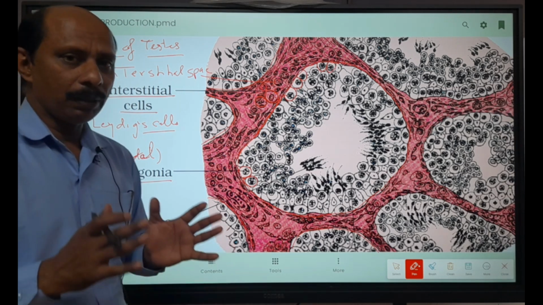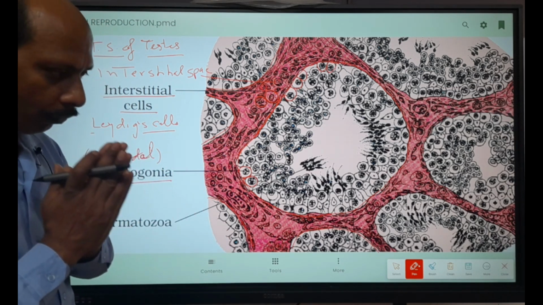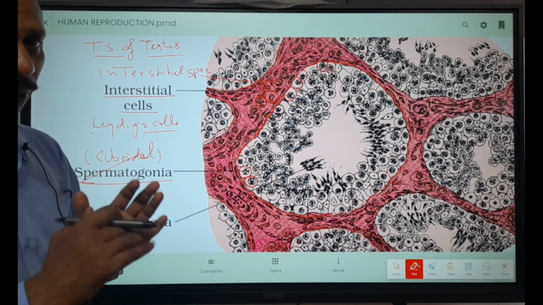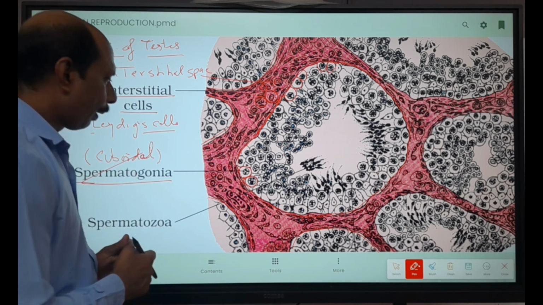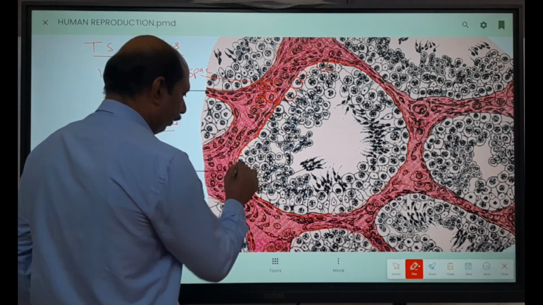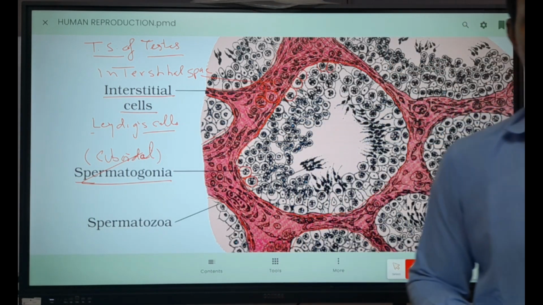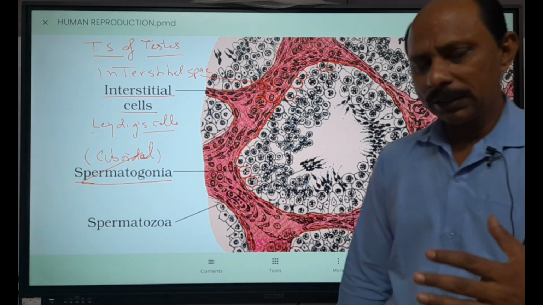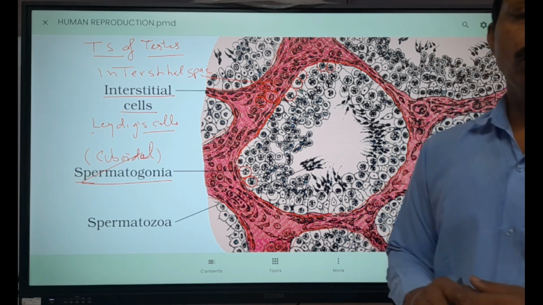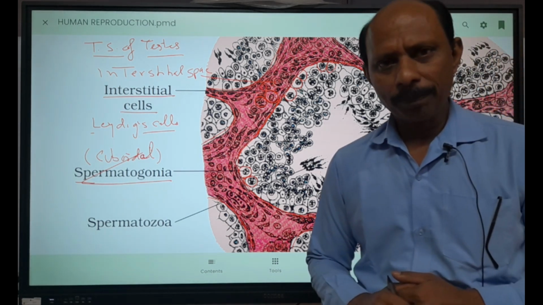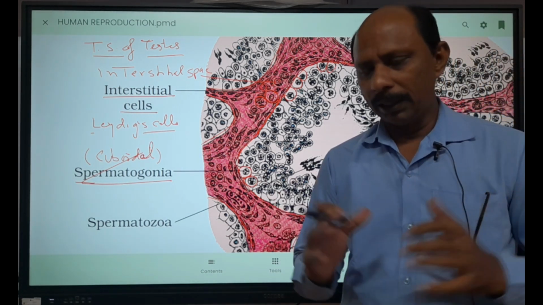First, these primordial cells form spermatogonia through mitosis. Now the spermatogonia develops. When it develops, it forms primary spermatocytes. We can say here spermatogonia become primary spermatocytes, but after enlargement, right?